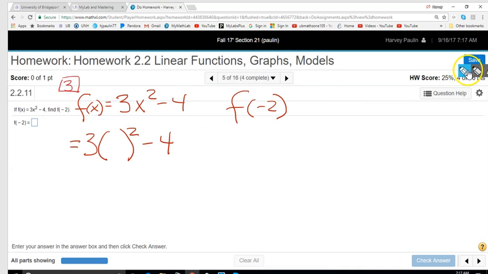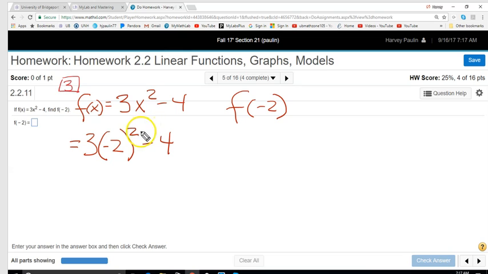Now, you want to have a protocol for doing these. So there's your function, and our x value is -2. So setting it up like this is a good methodology. We're going to put our x value right there, which is a -2.